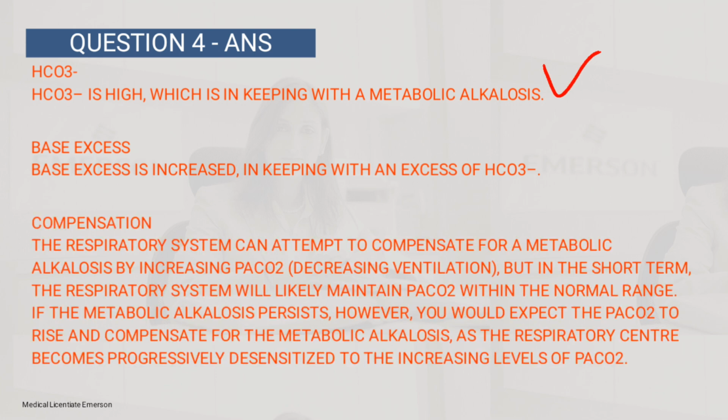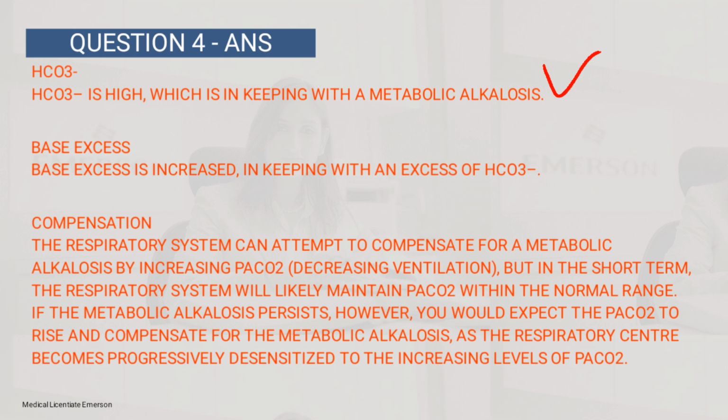In terms of compensation, the respiratory system can attempt to compensate for metabolic alkalosis by increasing the partial pressure of carbon dioxide, so decreasing ventilation. But in the short term, the respiratory system will likely maintain the partial pressure of carbon dioxide within the normal range.